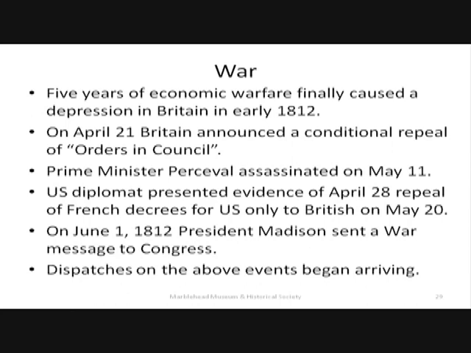On May 20th, one of the U.S. diplomats in London, the chargé d'affaires, gave evidence to the British that the French had revoked their decrees for the U.S. They had a couple of decrees named for various cities, one of them being the Berlin Decree, that were part of this economic warfare.